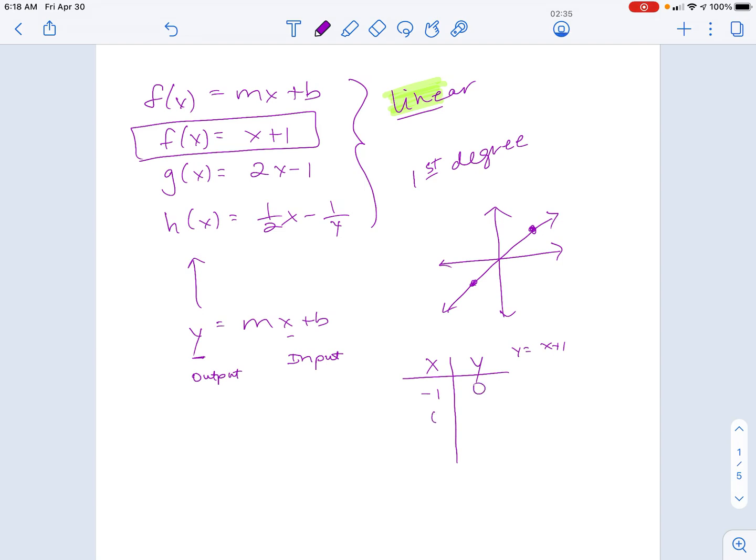So I put in a -1 for x, it spits out a 0 for y. I put in a 0 for x, it spits out a 1 for y, and so forth. Output and input, very important. Just keep that in mind as we get through the lesson today.